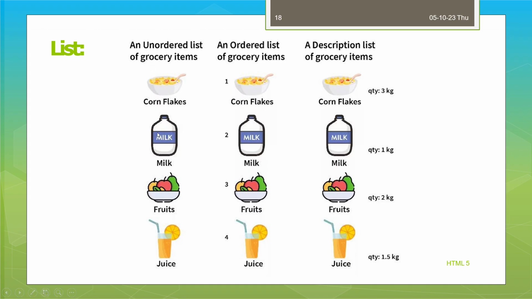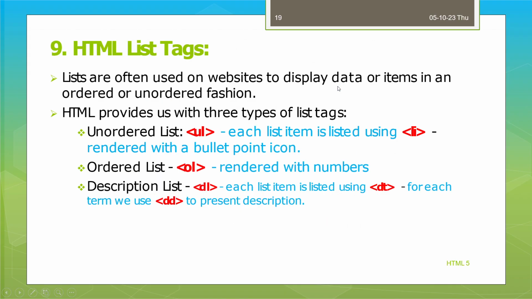Meanwhile, if we need to list a set of items with their descriptions, we go for the description list. A description list lists out the elements with some information about that particular item. So the list tag is nothing but the li tag.